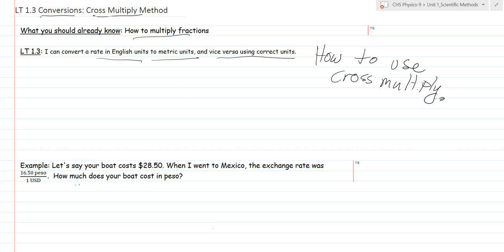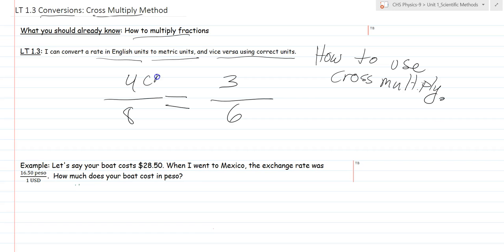Okay, so the big idea with using a cross multiply, every single problem that you're going to have is going to have an equal sign and then two fractions. Let's say I've got 4 here, 8 here, 3, and 6. You could simplify these, make them a little bit nicer, but let's just use these numbers I just made up.